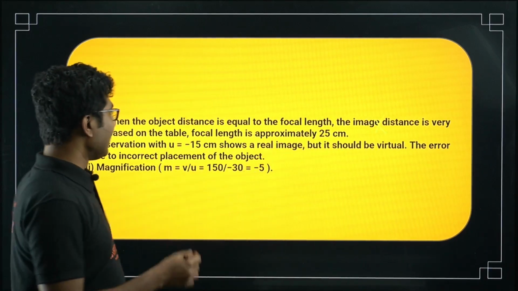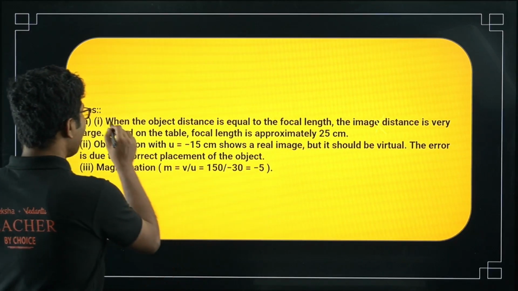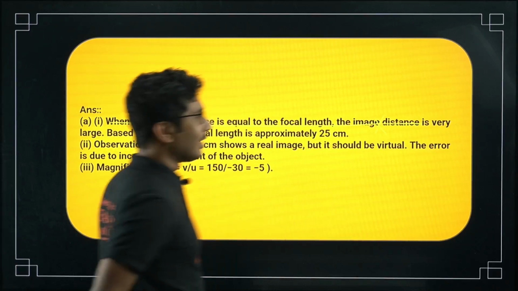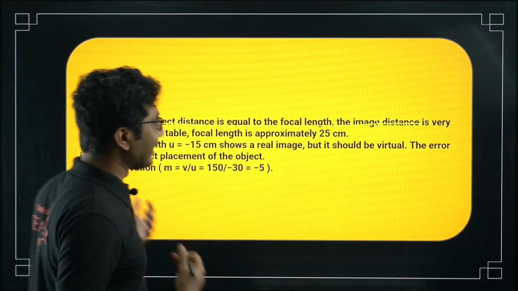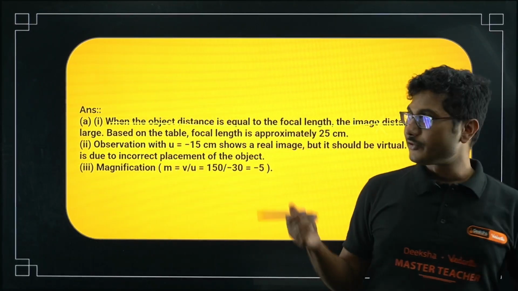It was taken from the standard answer given by the board, so that's why we are not editing it. We are editing whenever it's required. So in this case it is unfortunately incorrect.